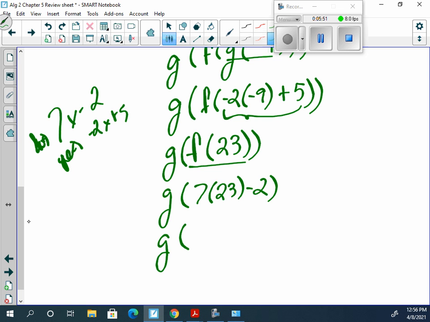And if we subtract 2, we should get 159. So if you typed it all into the calculator, you should get 159. Just type in 7 times 23 minus 2, and we would get 159.